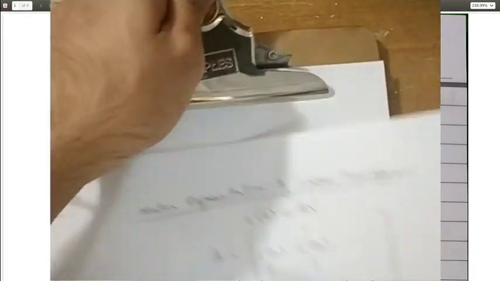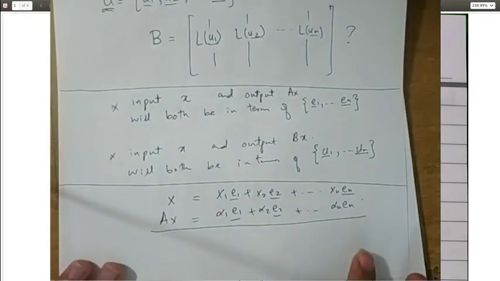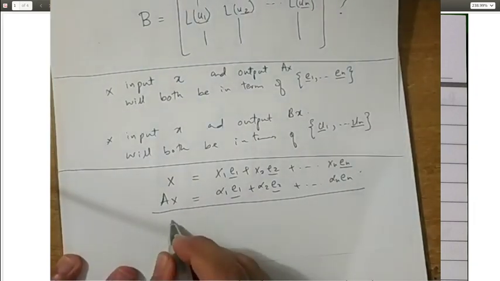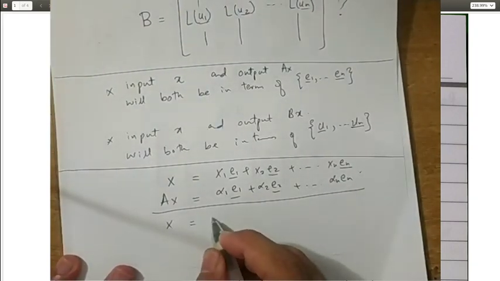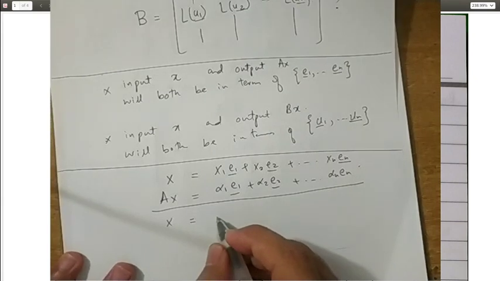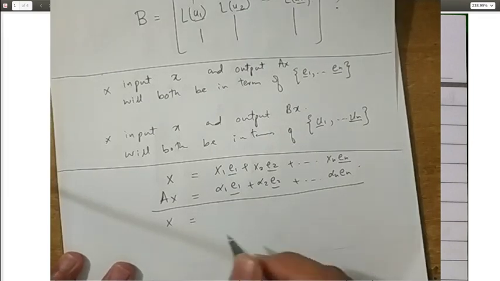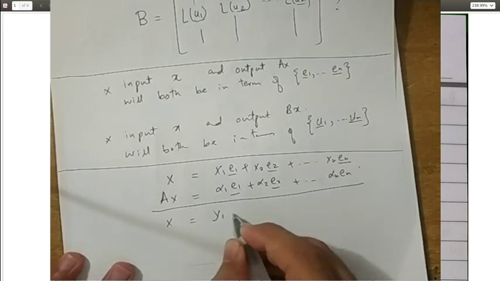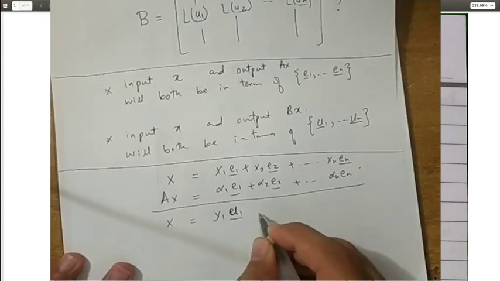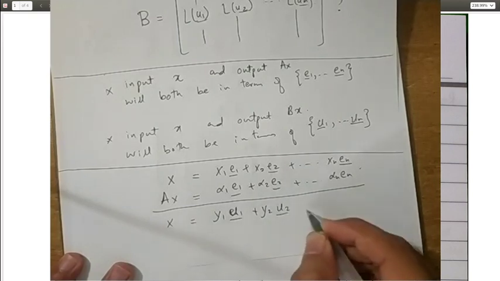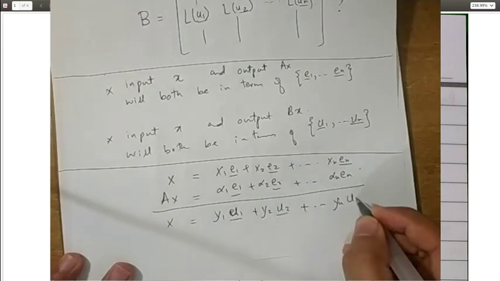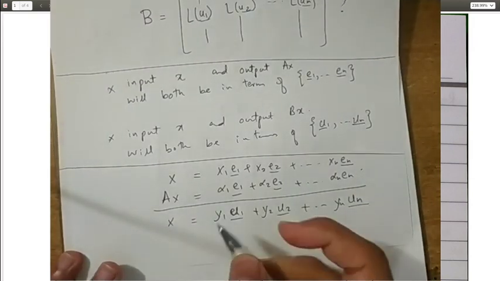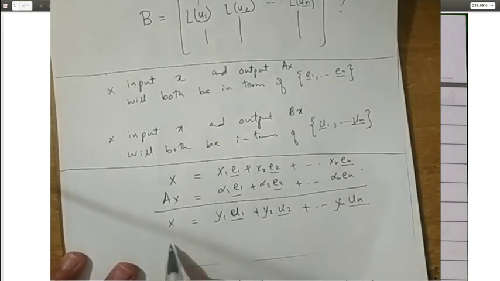And if you're in the non-standard basis, let's suppose x is being represented as y1 u1 plus y2 u2 up until yn un. Let's suppose this is the vector that you've taken.